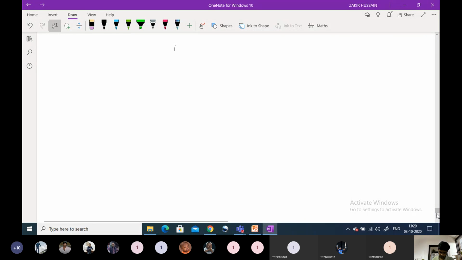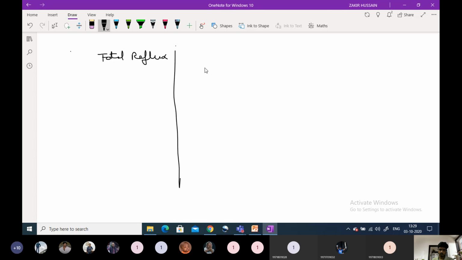Optimum reflux ratio. First we will do the summary discussion for this one. This one is total reflux. Then afterwards, this will be minimum reflux.